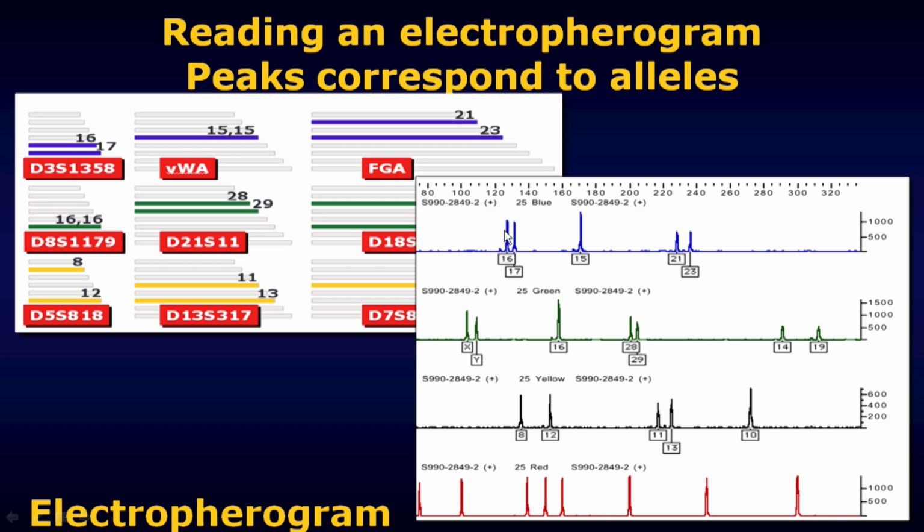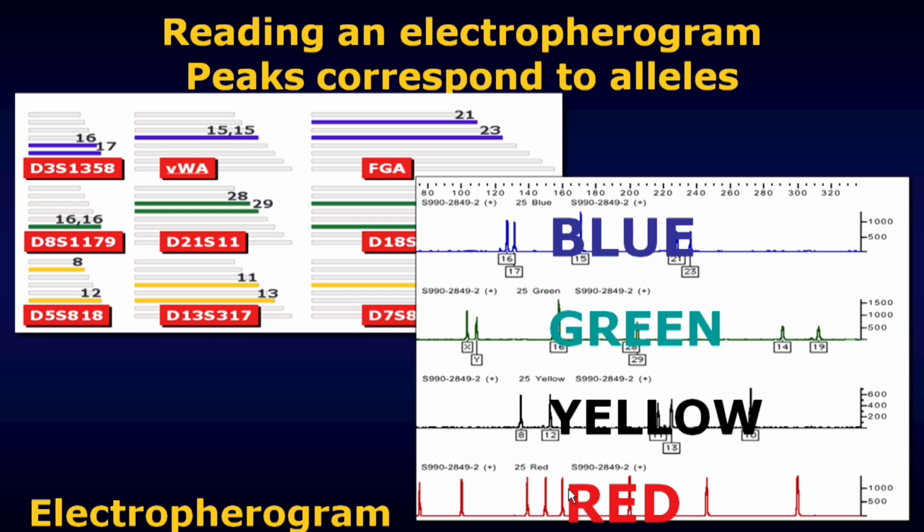It's easy to see that the computer has separated the peaks into different colors. We have some peaks in blue, some in green, some in yellow, shown in black because yellow doesn't show up well on computer monitors, and also some in red. So 4 different color fluorescent dyes were used to label the DNA in that PCR amplification.